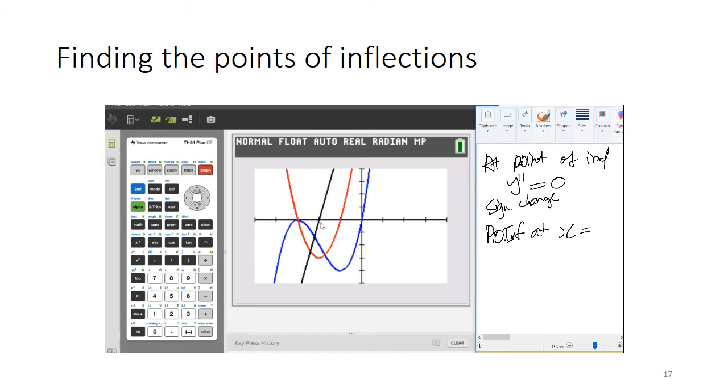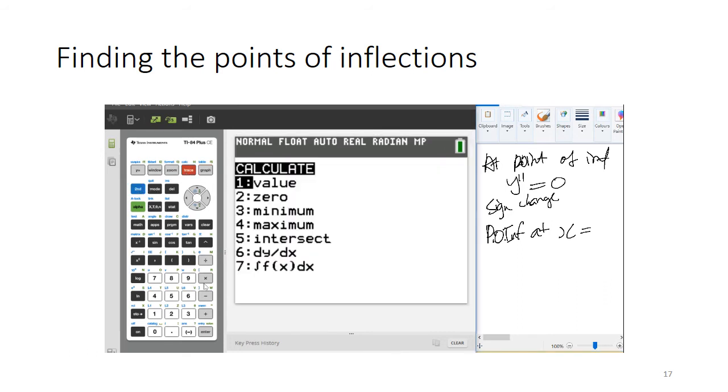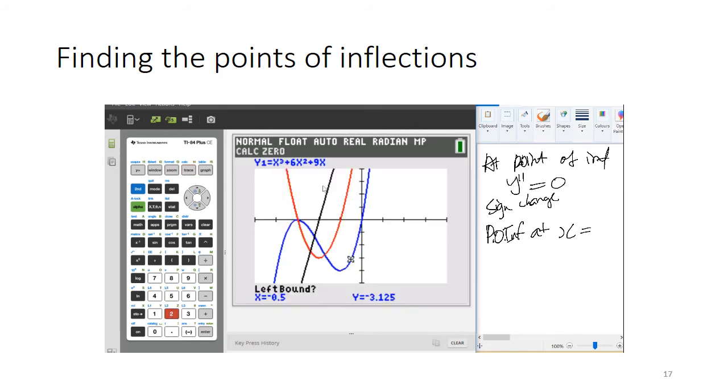Well, looks like this is -2, but let's just check just in case. So again, we're going to go second, calc, and we want to find the zero. This time we're looking at the second derivative function, so we choose y3. Left bound, so I'm going to move the cursor to the left of the zero, which is here.